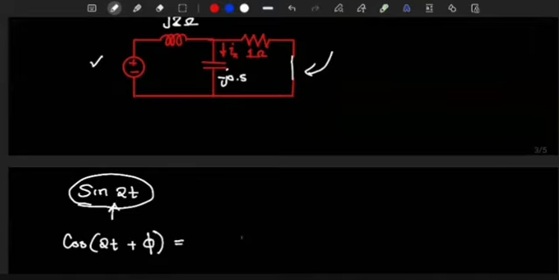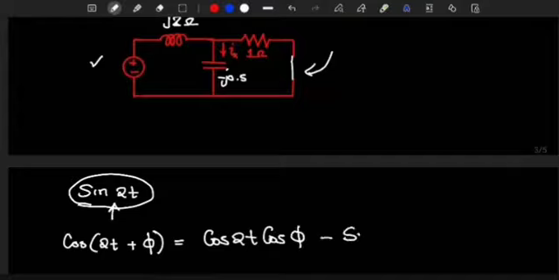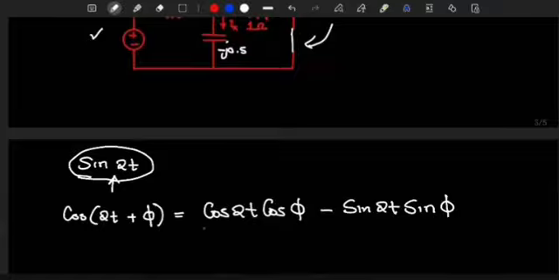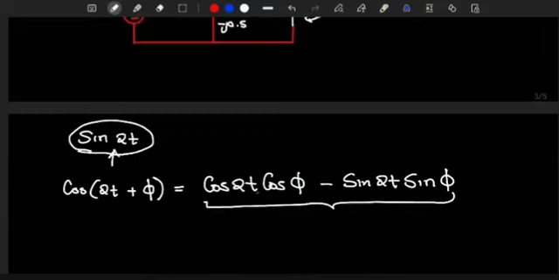So from the double angle identity for cosine, we know this is cos 2t cos phi minus sine 2t sine phi. Since we want the expression to reduce to only sine 2t, it means that the first part must be 0. For the first part to be 0, cos phi has to be equal to 0.